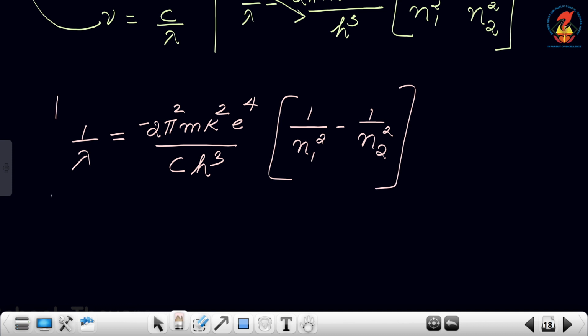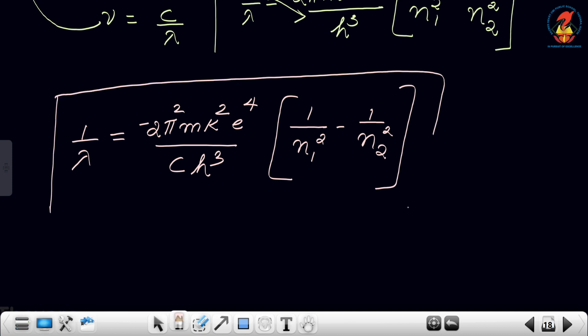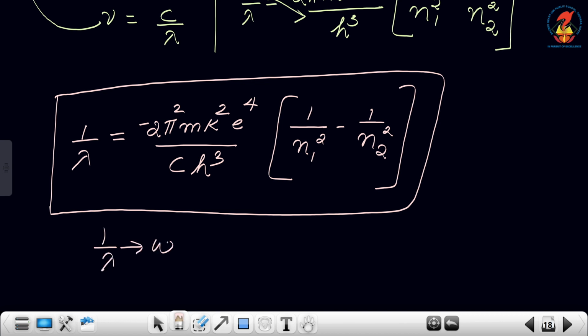Now we have studied last year what 1 by lambda is. 1 by lambda is known by the name wave number, represented by nu bar.